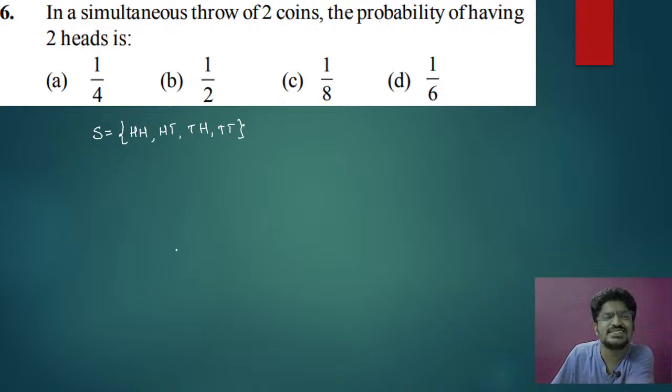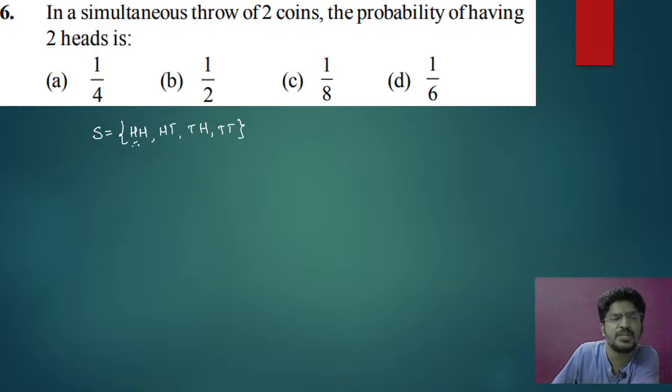Now you can see we have 4 sample points, and by taking these 4 sample points we have to calculate the probability of having 2 heads.